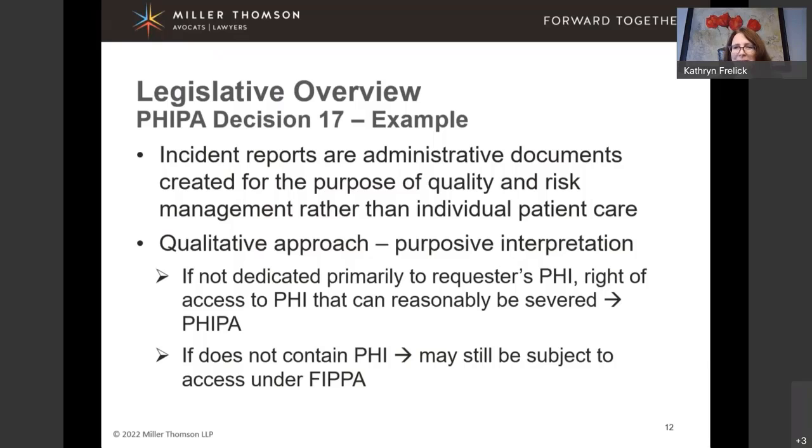But using this analysis and a qualitative approach, where the information isn't dedicated primarily to the requester, in this case, an incident report, they still have a right of access to any personal health information that can be severed. Even if it does not contain personal health information, they may still have a right of access to that information under FIPPA.